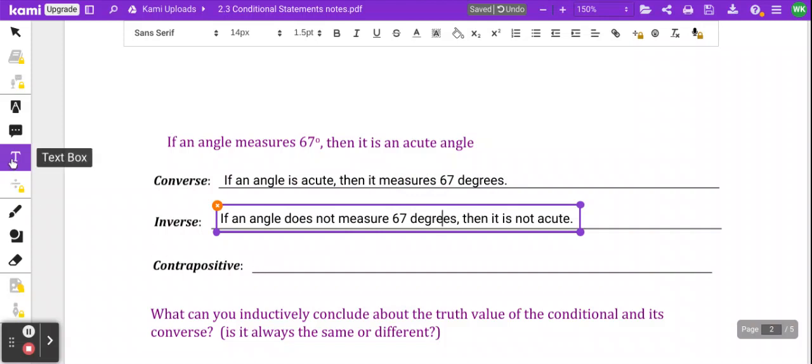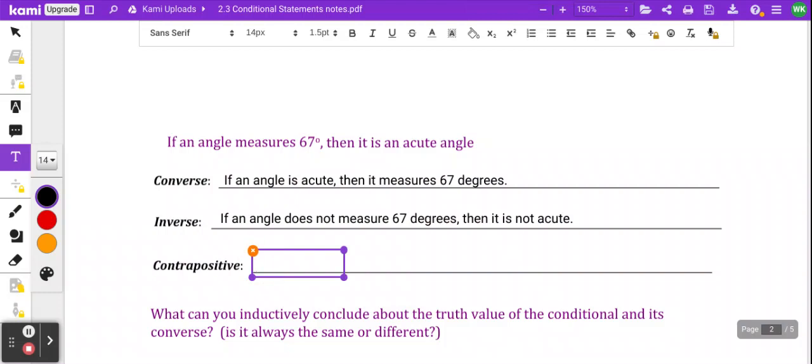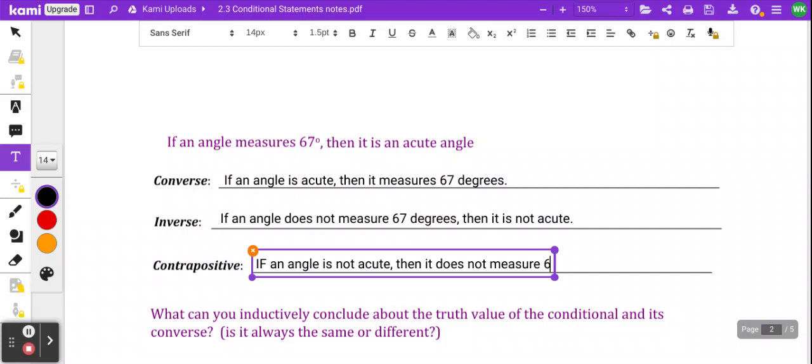And finally, a contrapositive, we are going to negate the converse. So if an angle is not acute, then it does not measure 67 degrees.